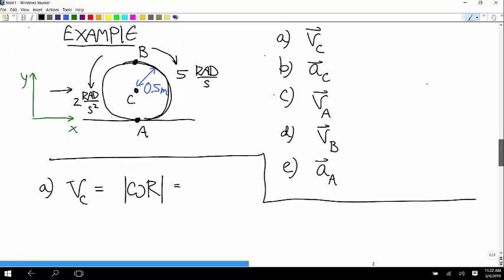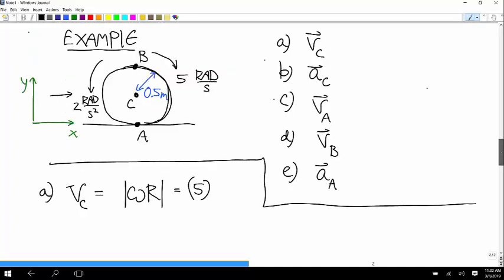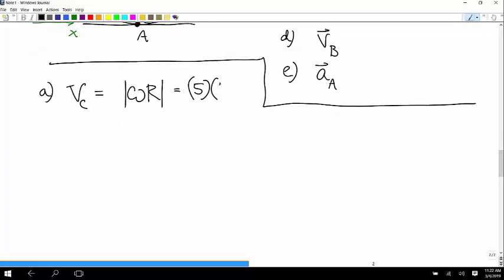Omega was given as 5 radians per second, and r is given as 0.5. And so the speed of the center is 2.5 meters per second.